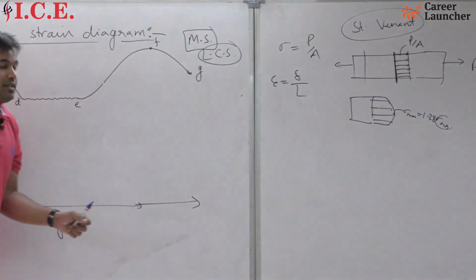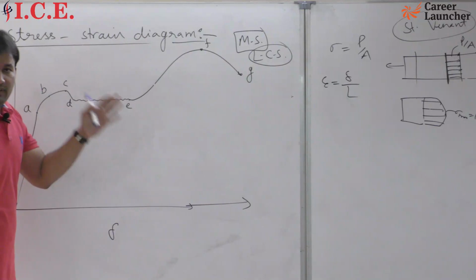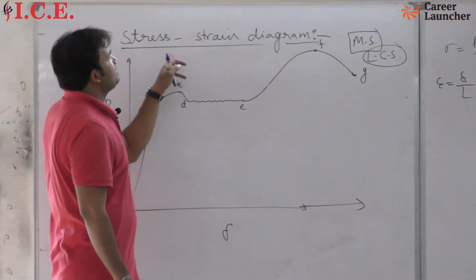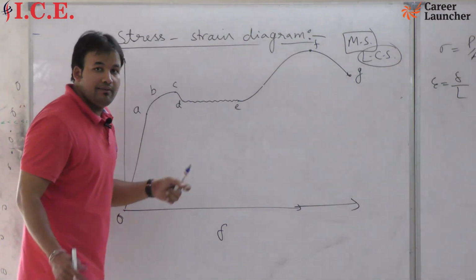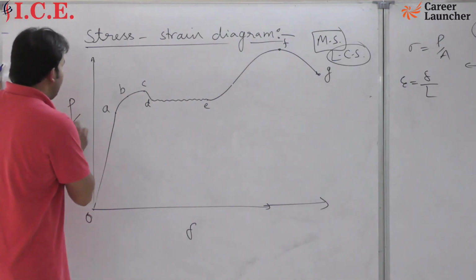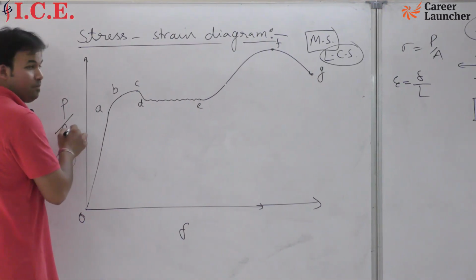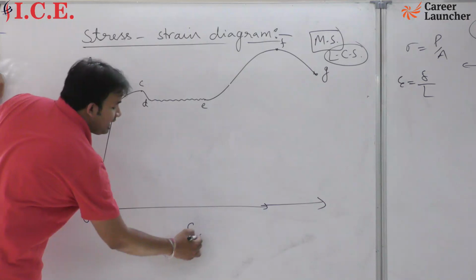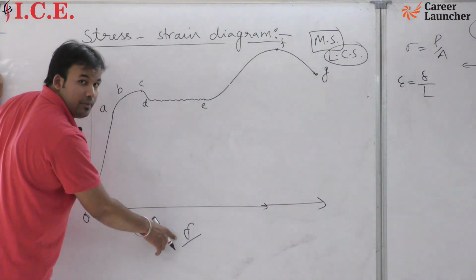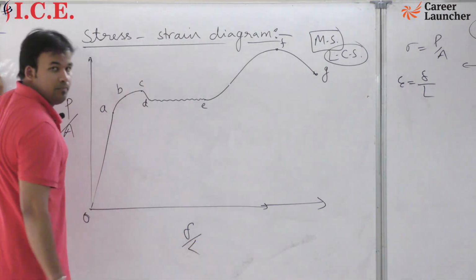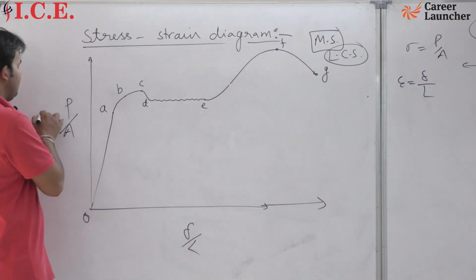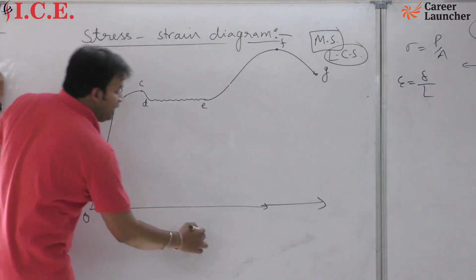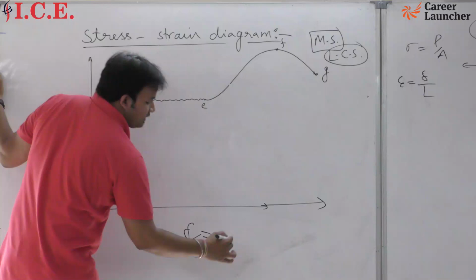On that basis, if we want to draw a stress versus strain diagram, then I will divide the load by area here, and here I will divide deformation by length. So here we will have stress and here we will have strain.